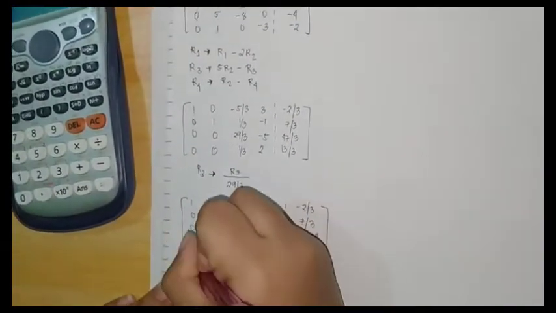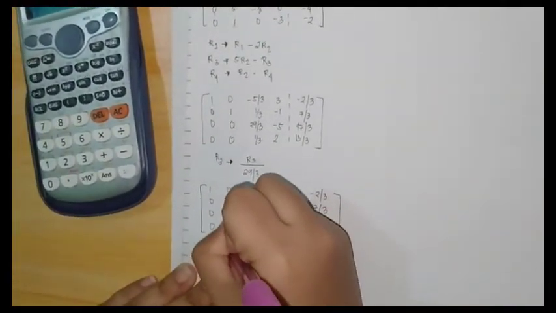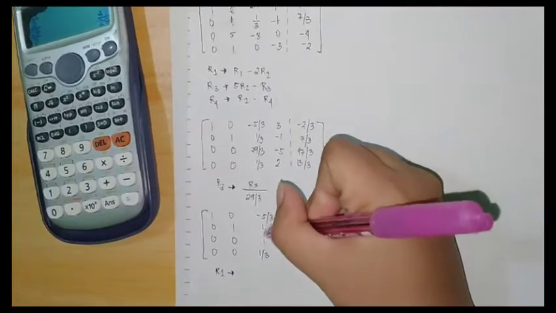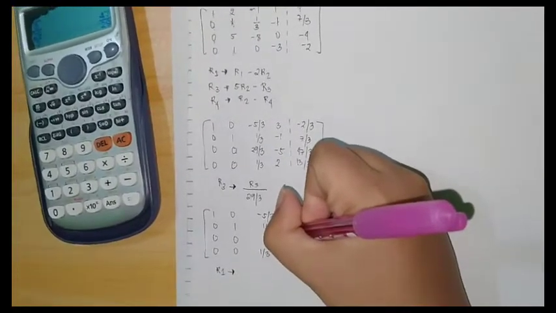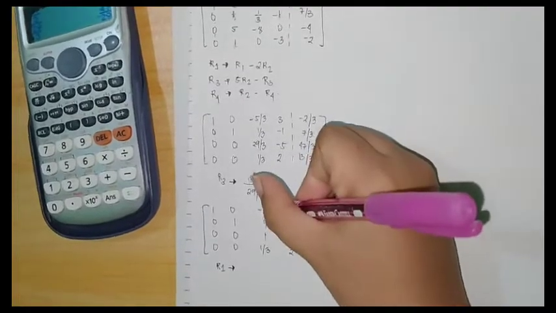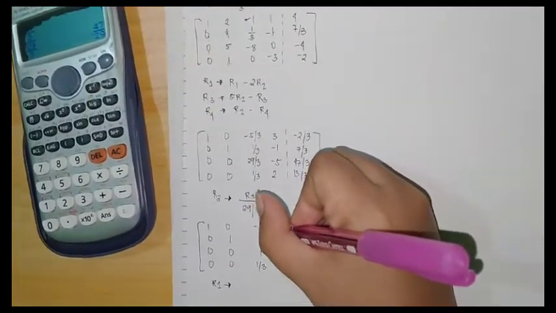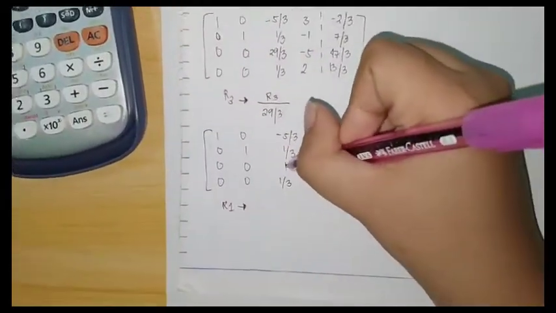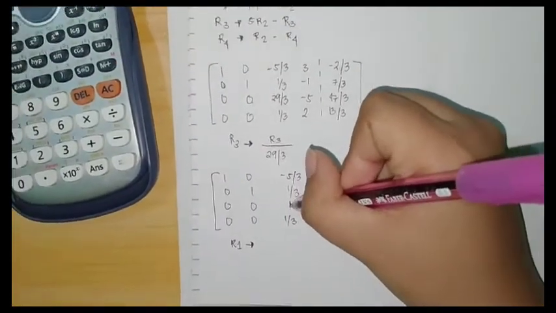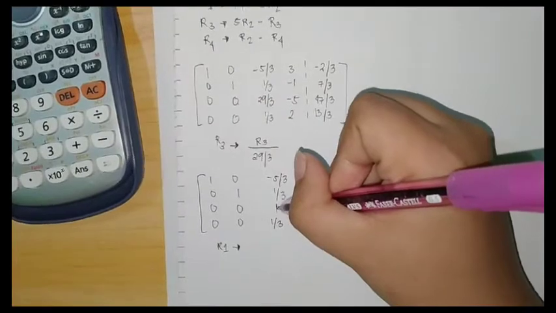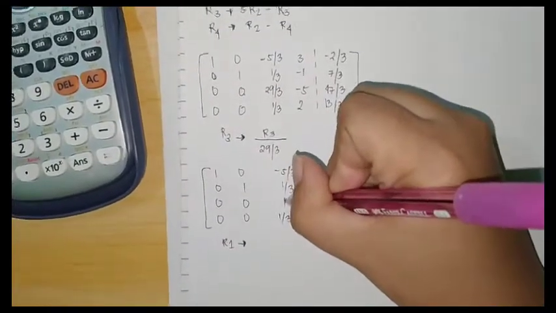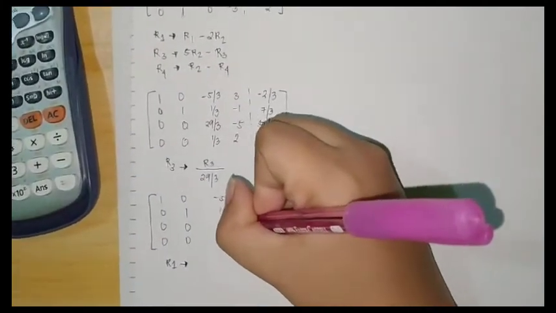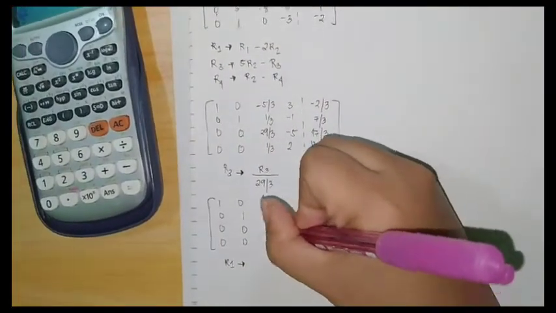So in the new row 1, we're going to multiply row 3 by 5 over 3 and then add the answer to row 1.